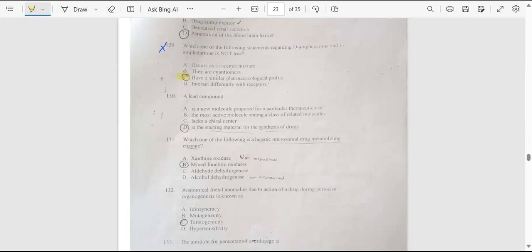And then lead compounds are selected from a collection of hits. So that means when you're developing a drug, you first get a number of hit compounds, then from those compounds, whatever you use to develop your drug is now the lead compound. Yeah. Yes.